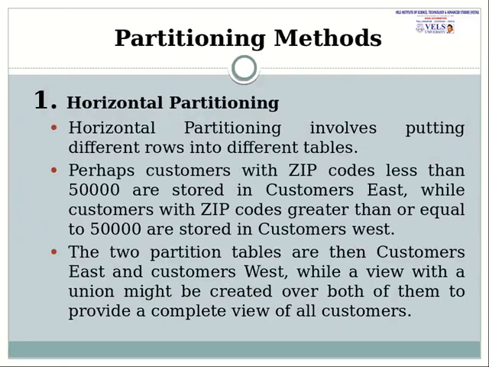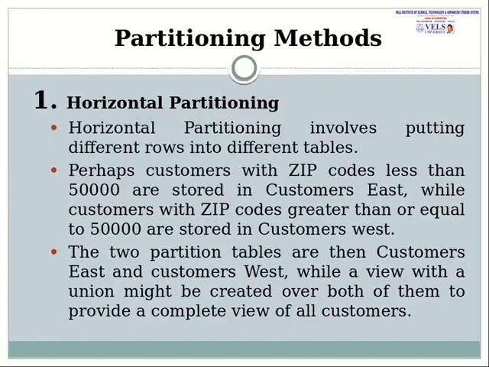For example, customers with a zip code less than 50,000 are stored in a customer east table, while customers with a zip code greater than 50,000 are stored in a customer west table.